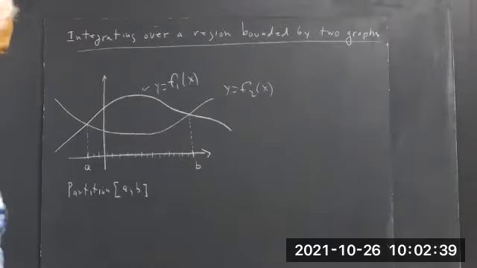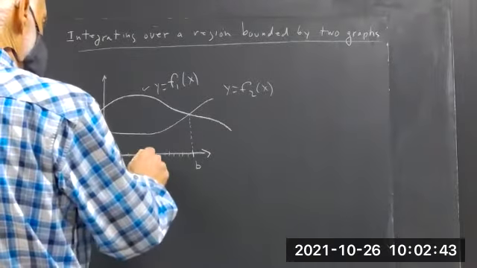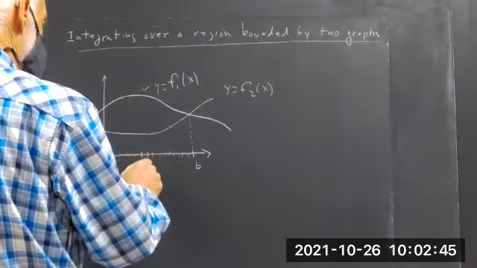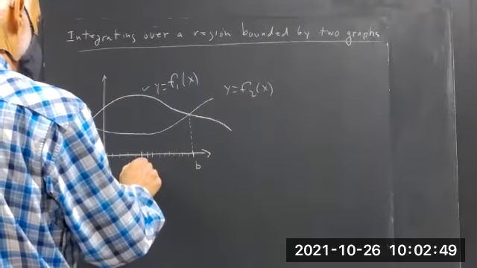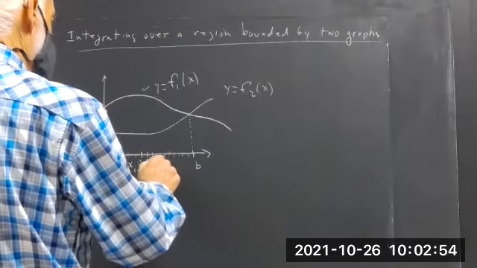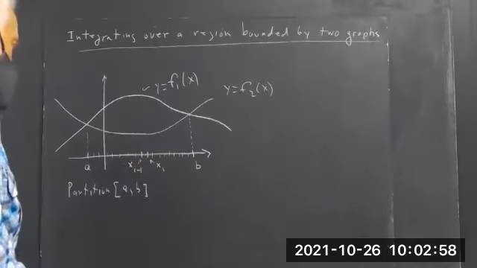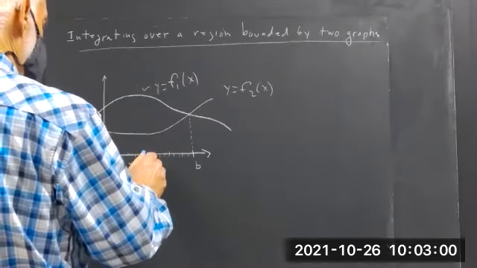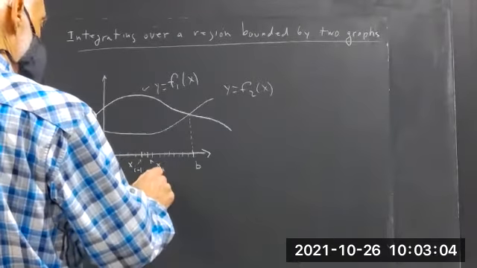So we have a typical interval, x sub i minus 1, x sub i, with a sample point somewhere within that interval, doesn't matter where.